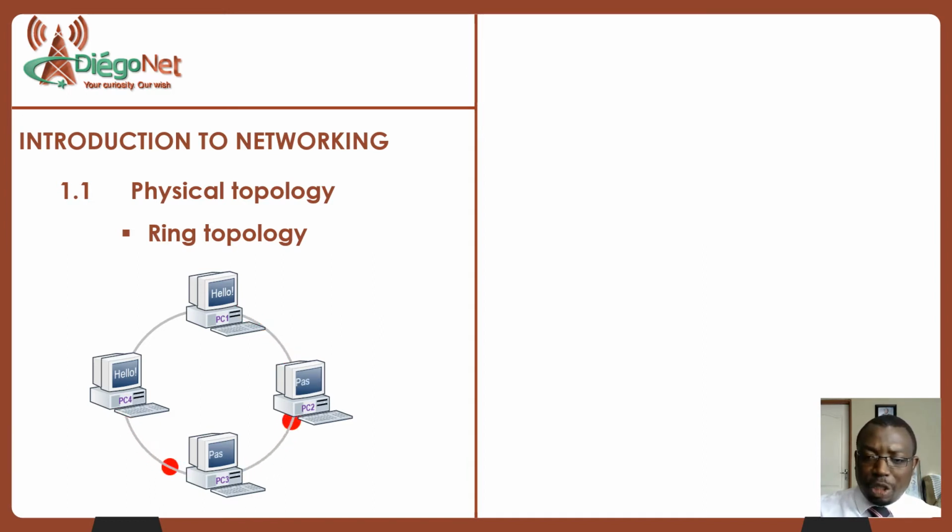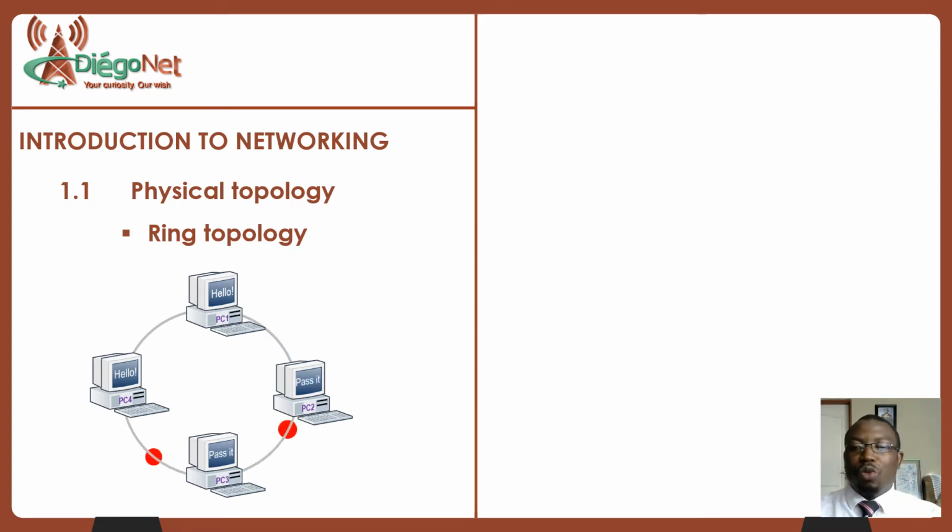But the difference between the ring topology and the bus topology is that when a computer receives a piece of data that does not belong to that computer, the computer does not drop the packet. Instead, the computer will forward the packet to the next computer.